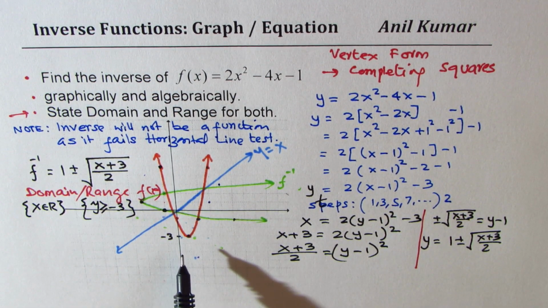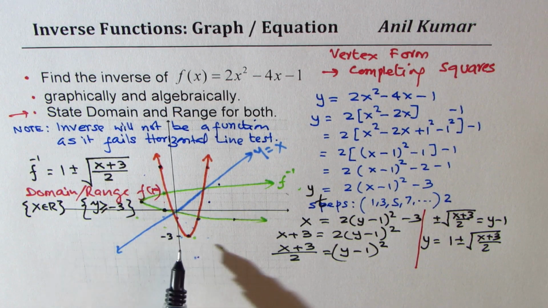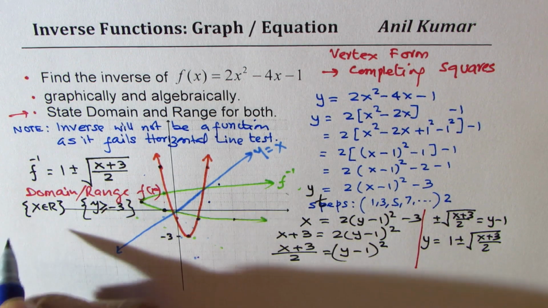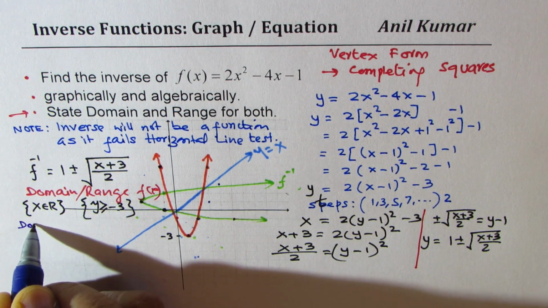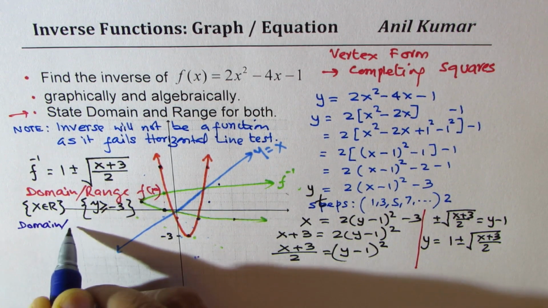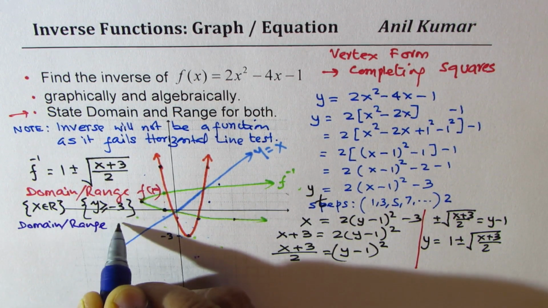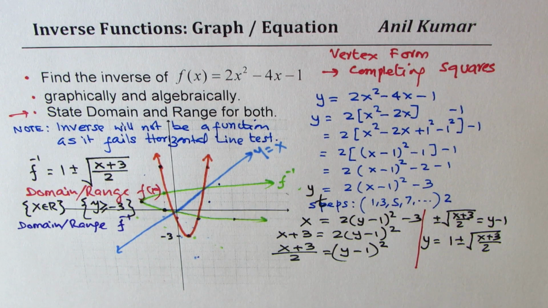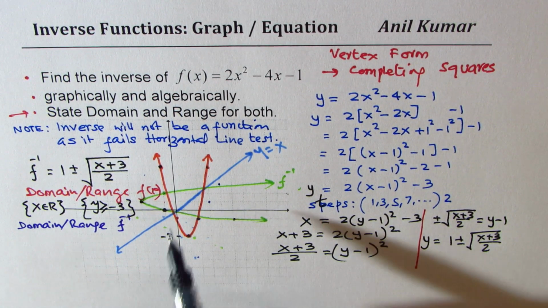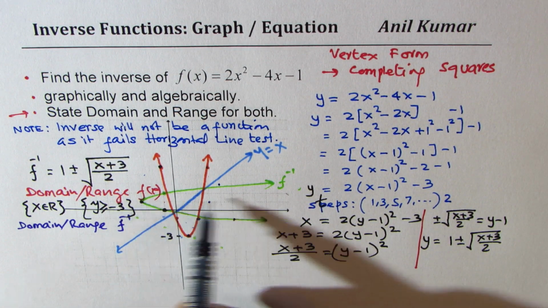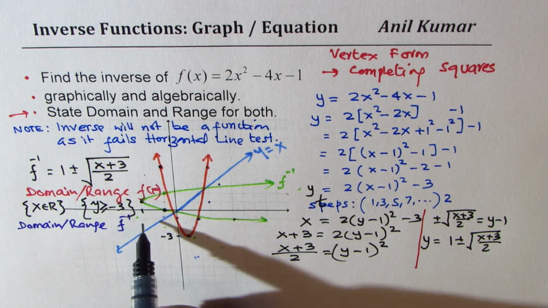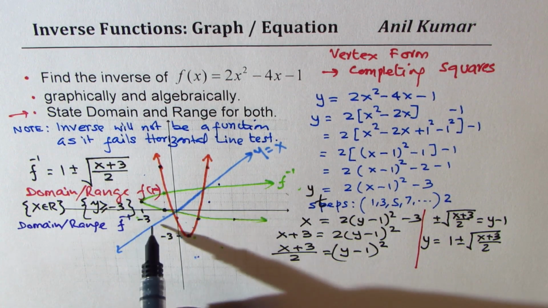Where y also belongs to real numbers, but y is greater than or equal to minus 3. Now, the domain and range for the inverse will swap. So, domain and range for f inverse will be, as you can see here, the domain is on the right side of minus 3, correct?